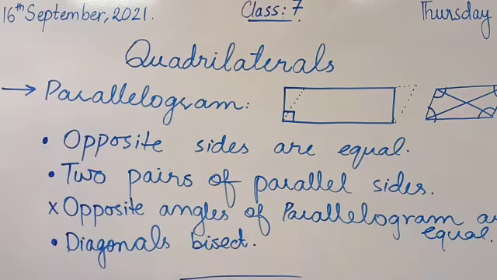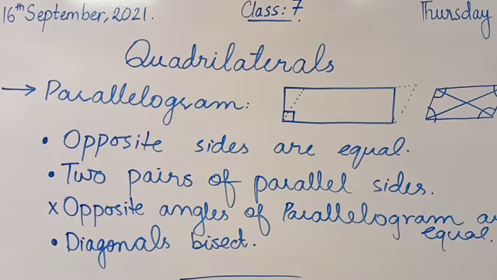If I ask you to write the differences between a parallelogram and a rectangle, we have only one difference, which is about angles. In a rectangle, angles are of 90 degrees. And in a parallelogram, opposite angles are equal, but they are not 90 degrees. The rest of all the properties are similarities. We can see easily that a parallelogram is a modified form of a rectangle, so they have many properties which are the same.